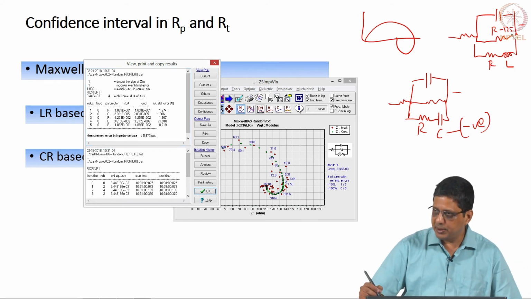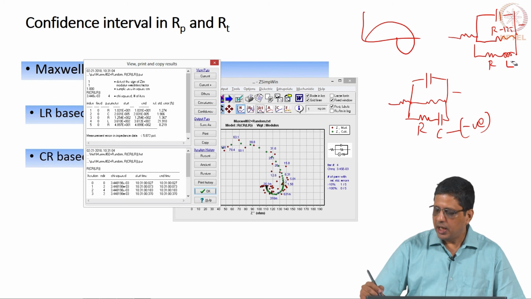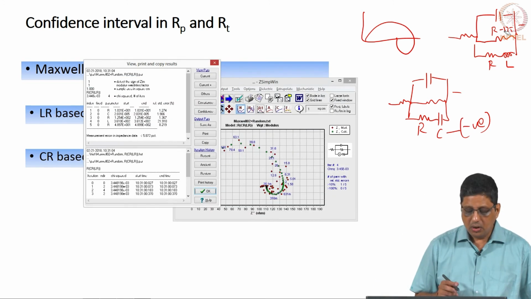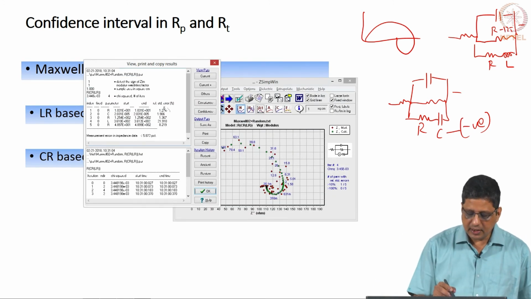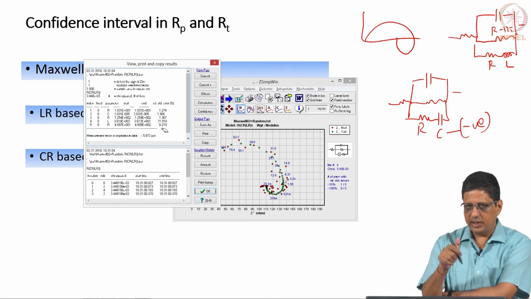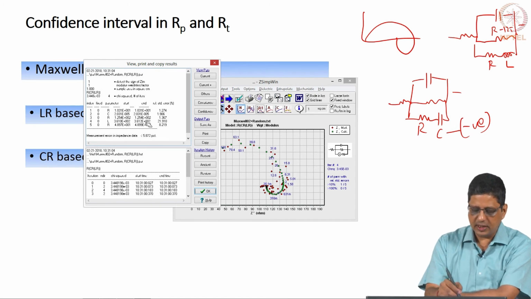That means, in this representation, I know infinite frequency current will not go through this. So the charge transfer resistance here is 125 ohms. Look at the percentage relative standard error in L, it is about 22%. Low frequency data has a lot of noise, therefore it is not very sure that this is the correct value.